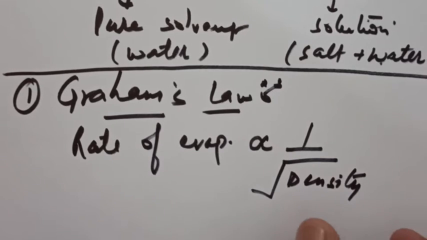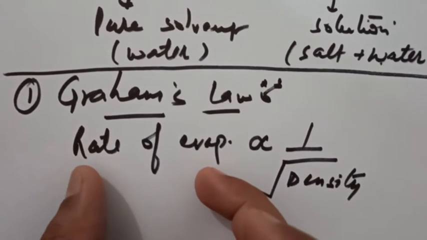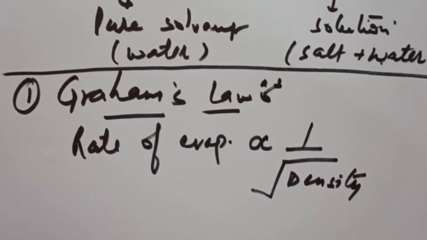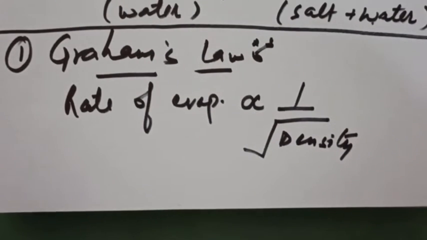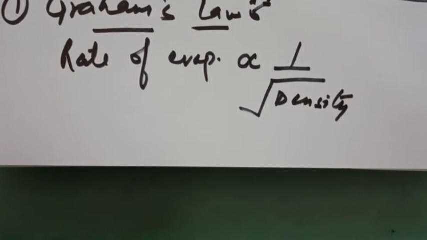As the density of liquid increases, the rate of evaporation decreases, so hence the vapor pressure also decreases. So first, according to Graham's law, its vapor pressure will decrease.